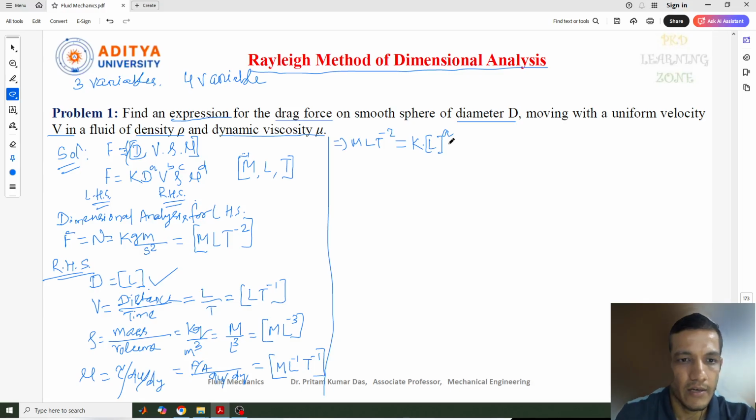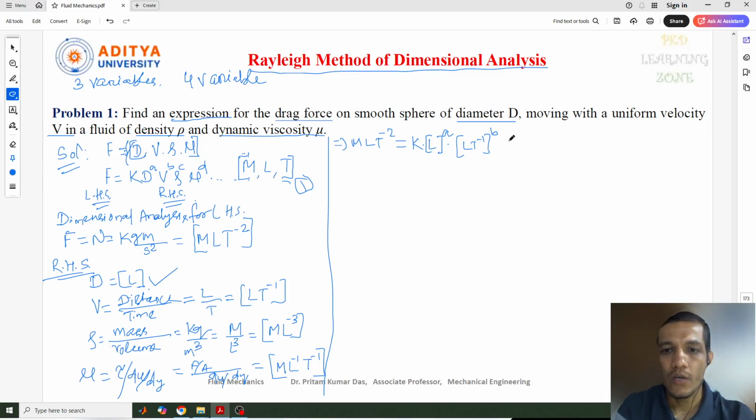We put the dimensional value of velocity here: square bracket, L T to the power minus 1, bracket close, and the power b.